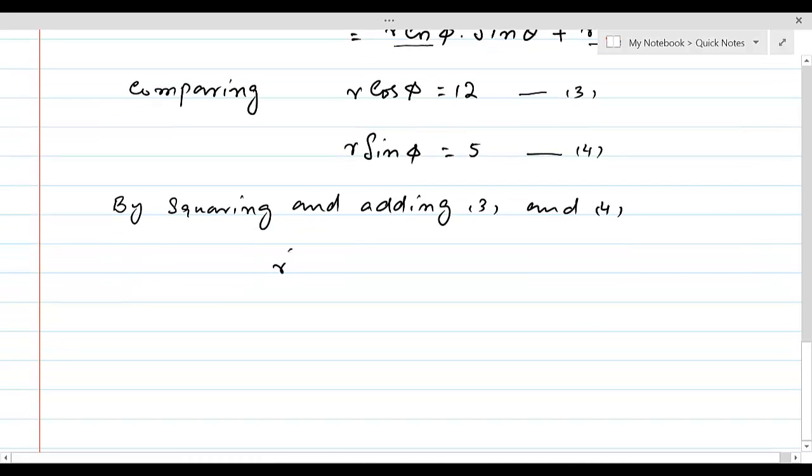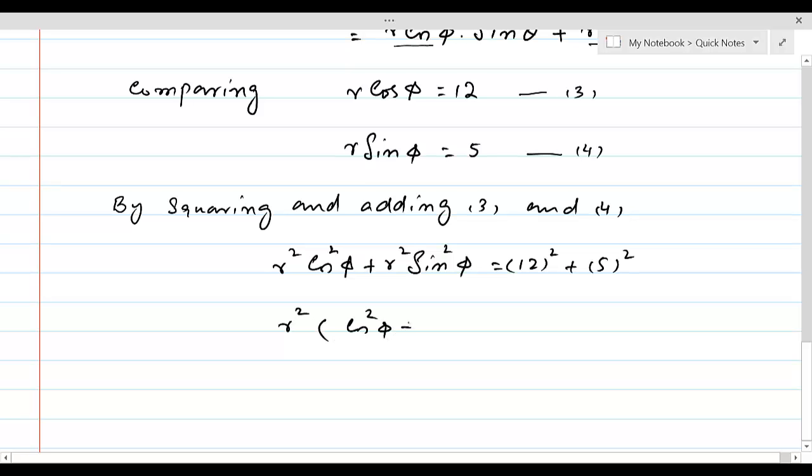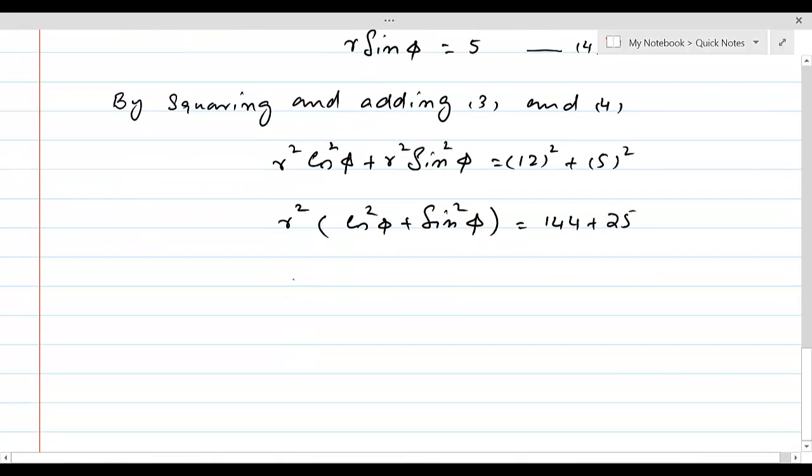This will be r squared cos squared phi plus r squared sine squared phi equal to 12 squared plus 5 squared. If we take r squared common, that would be cos squared phi plus sine squared phi equal to 144 plus 25, and r squared times 1 is equal to 169.